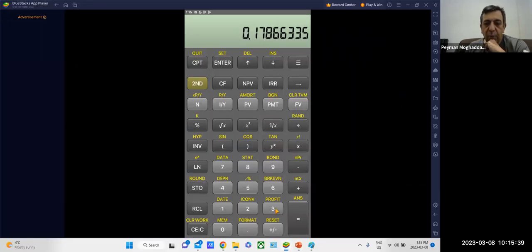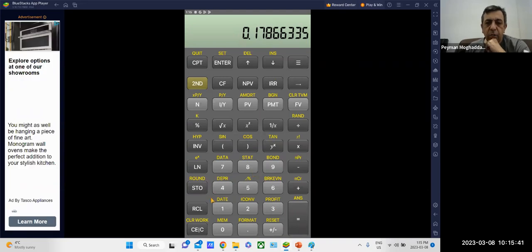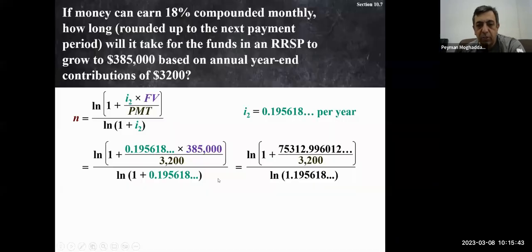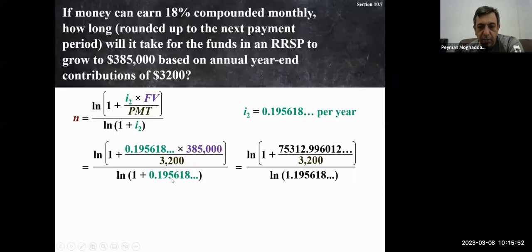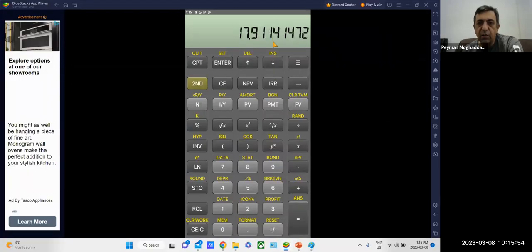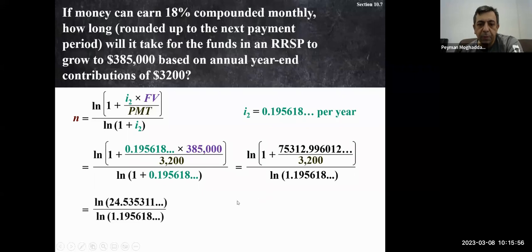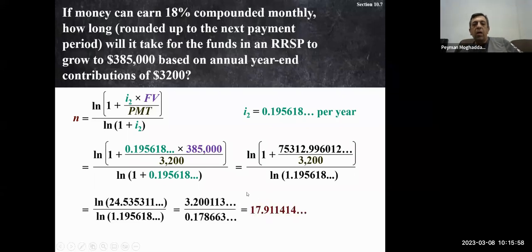I store it at number 3, okay? So recall number 2, which is the numerator, divided by recall number 3, which is the denominator, equal to 17.91, okay? So 17.91 is going to be the number of payments.